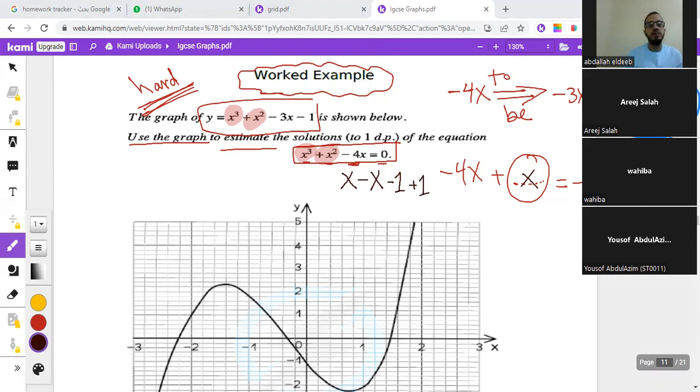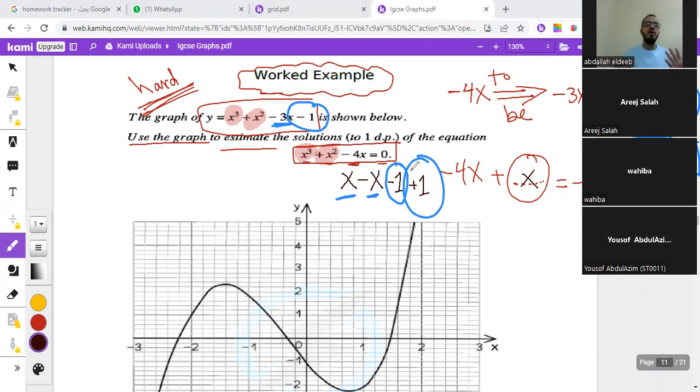Because here it is negative 3x. Then add 1x. If you add 1x, you have to subtract 1x to keep the balance. Here you have negative 1. Write negative 1. But if you subtract negative 1, you have to add positive 1.